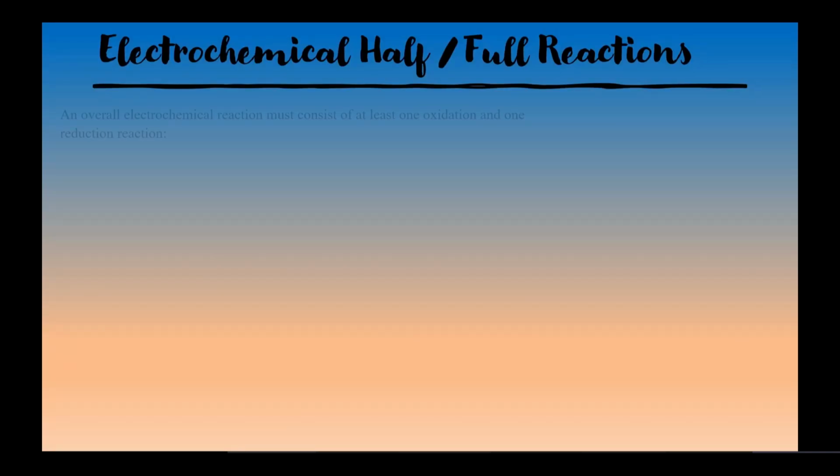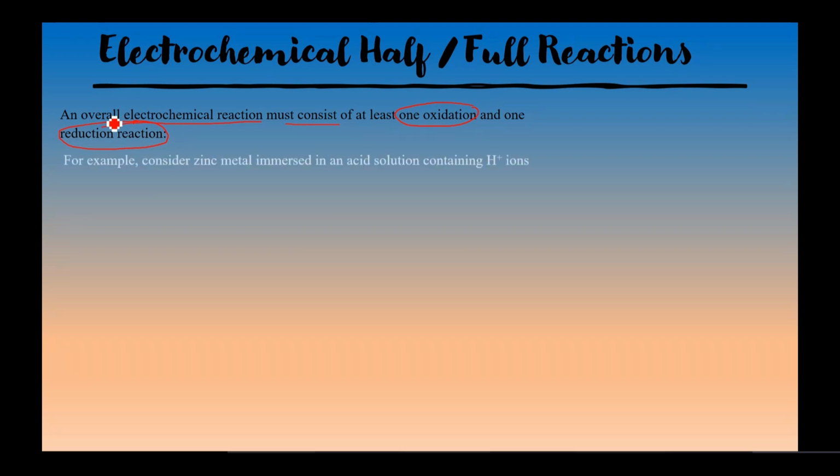Electrochemical half and full reactions. An overall electrochemical reaction must consist of at least one oxidation and one reduction reaction. For example, say zinc metal is immersed in acidic solution containing H+ ions.